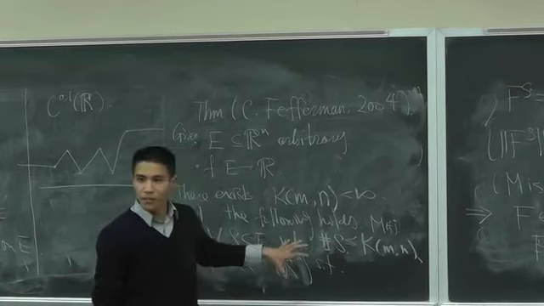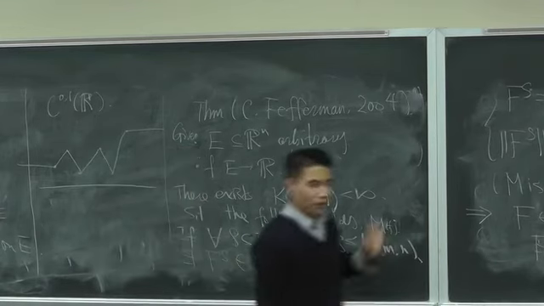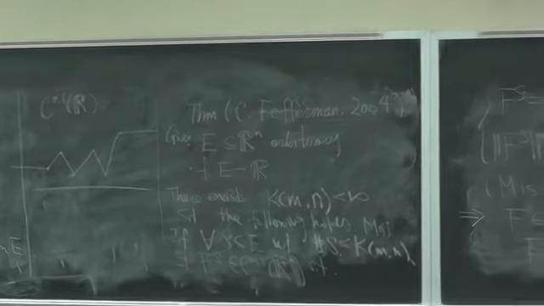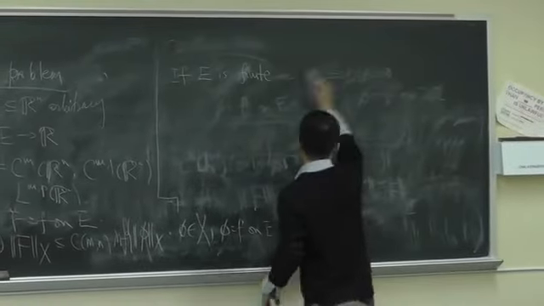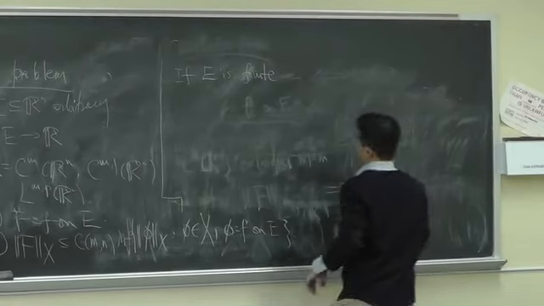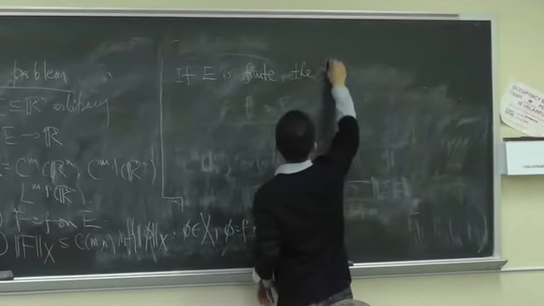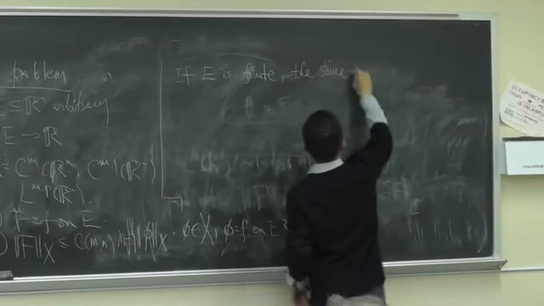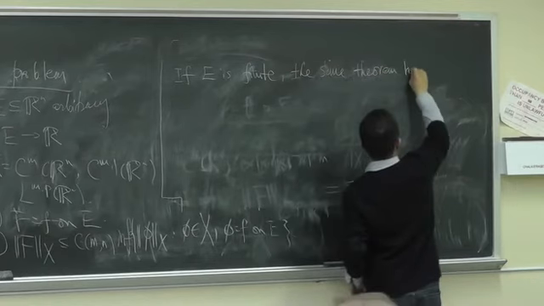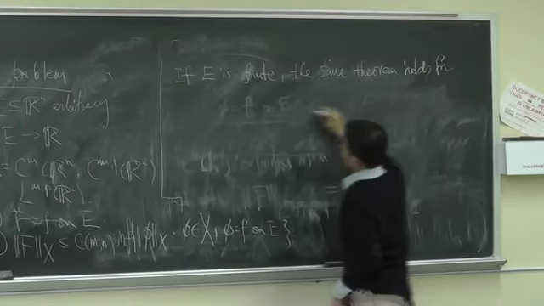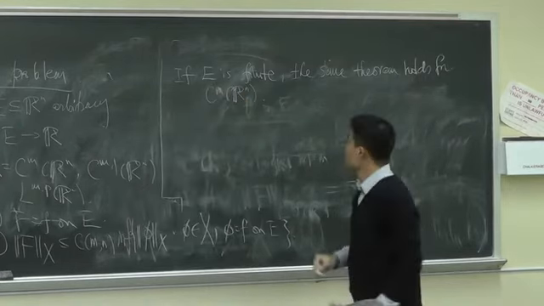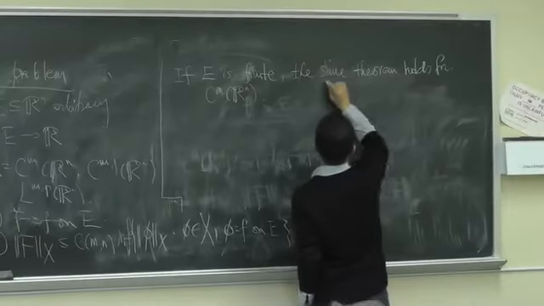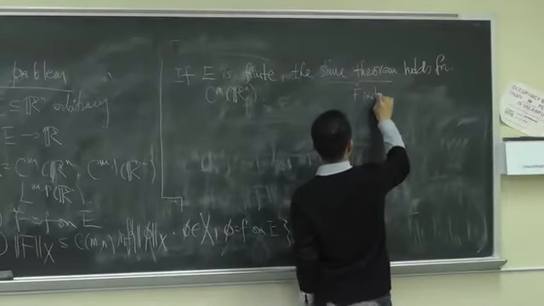In that case, if E is finite, but it could be big, there could be a million points in it, then the same theorem holds for Cm of Rn.